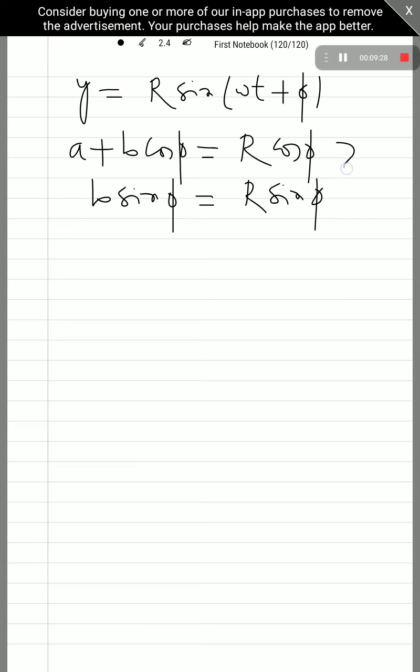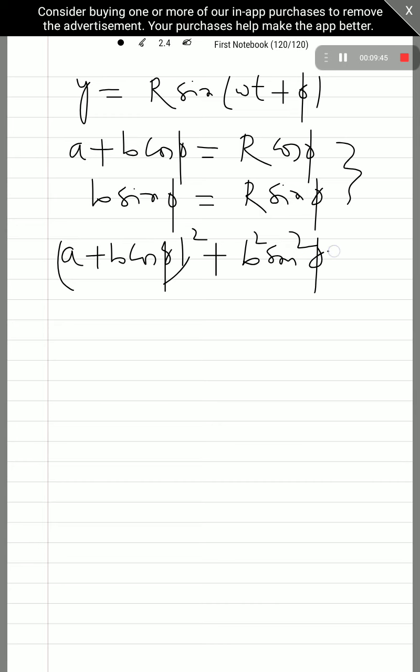To get R out of these two expressions, I'll square and add. If I square, it becomes (A plus B cos phi) square plus B square sin square phi, and if you add these two, R square cos square phi plus R square sin square phi, so it will be simply R square.